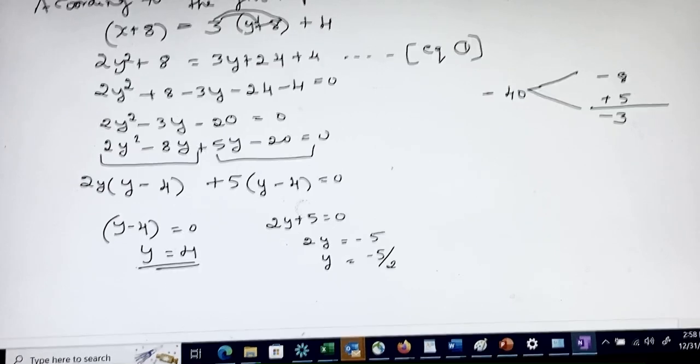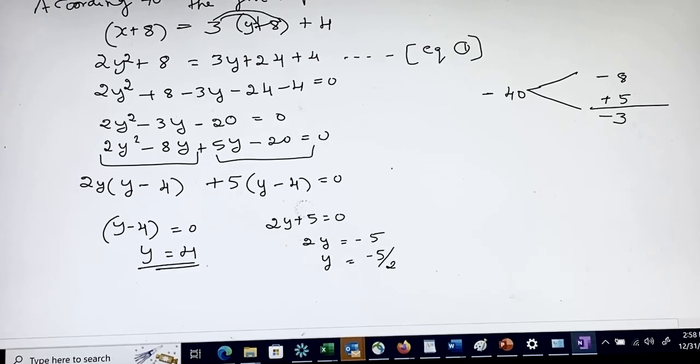So now let's take this value, y is equal to 4, and substitute it. They asked us to calculate the present age of son and mother. So present age of son is y, that is 4 years.